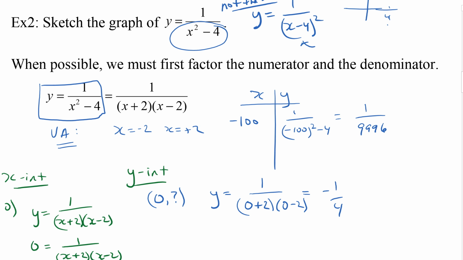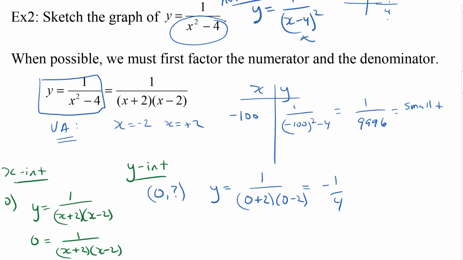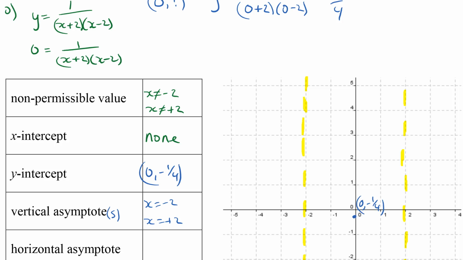You don't actually have to do the math, but you realize even if I put in a very large negative value, I'm going to get a 1 over a very large number. So really what this works out to is a small positive number. So looking over here, what does that mean? As my x gets increasingly negative, and we've seen this pattern before, I'm going to get closer and closer to 0.